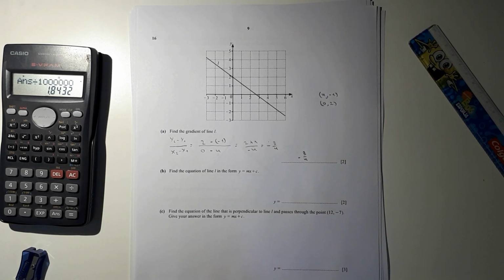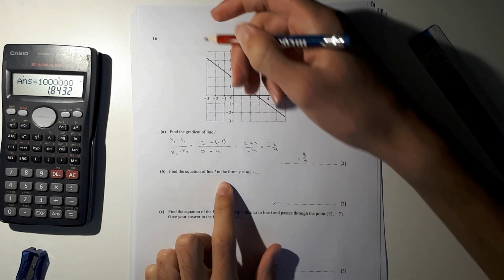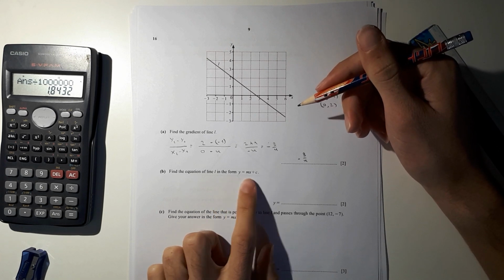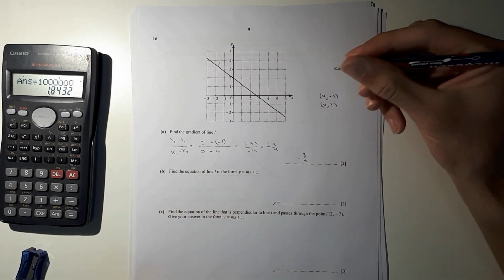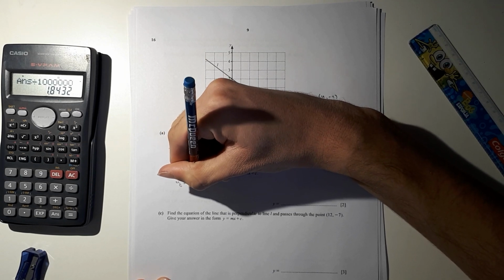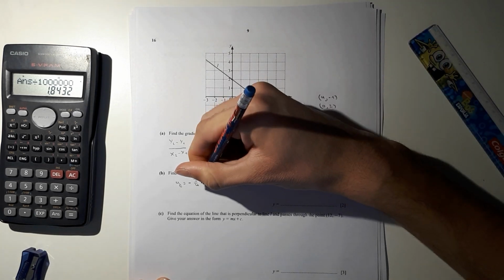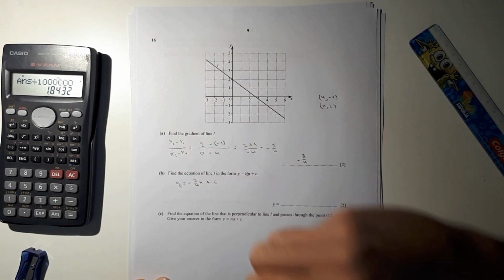And now we're going to use this value to find the equation of the line in the form that is asked in the question. So we got y equals minus 3/4, as the gradient is this number, x plus c.